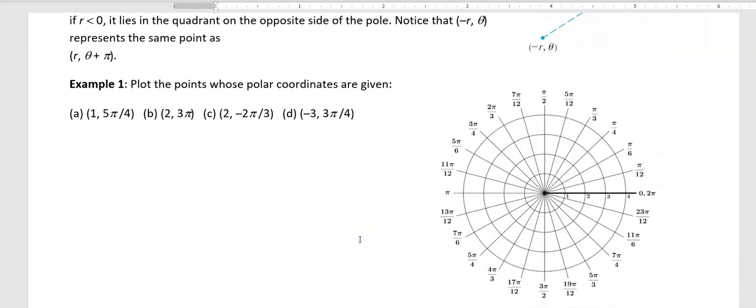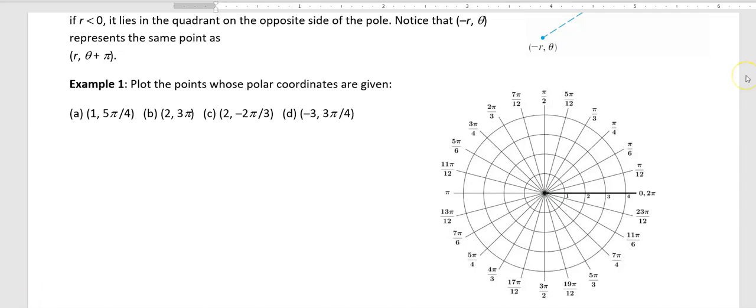So in example 1, what we're going to do is get used to polar coordinates by trying to plot them on the polar coordinate plane. So we have these polar coordinates, (1, 5 pi over 4), (2, 3 pi), and so forth. And we're going to take a moment and plot these on the polar coordinate system.